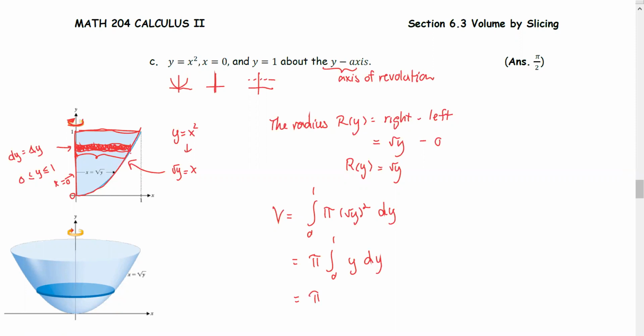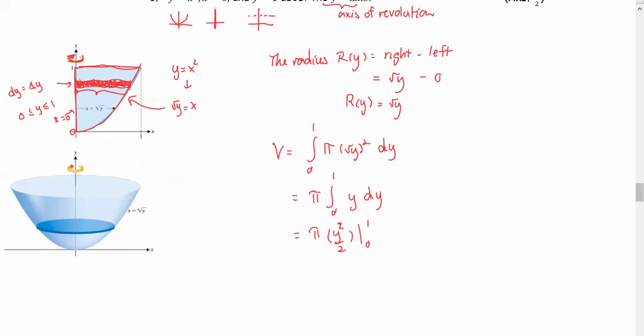Find the antiderivative of y, which gives us y squared over 2. Evaluate from 0 to 1. Substitute the upper limit, we have 1 over 2, and the lower limit 0. Therefore, we obtain the volume as pi over 2.